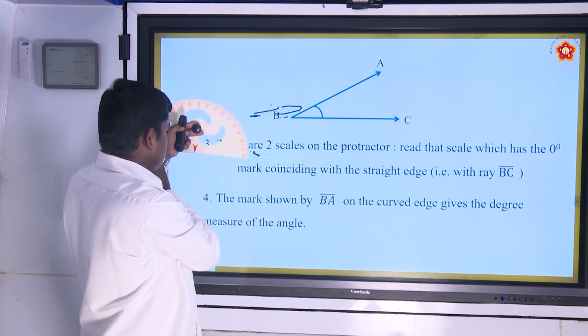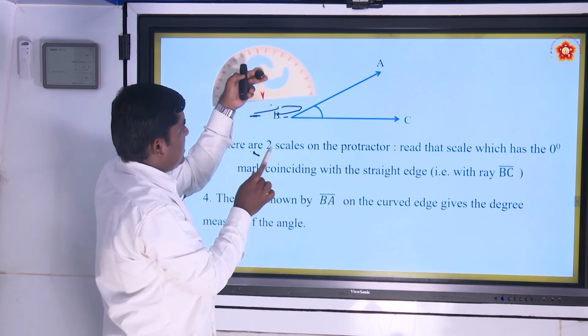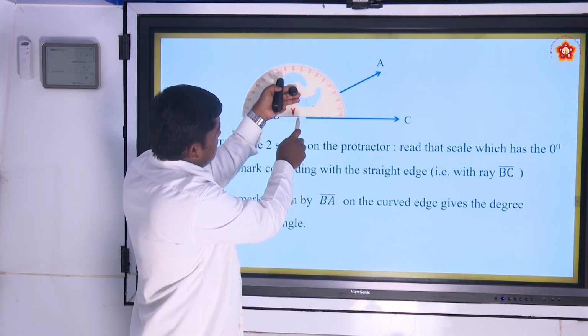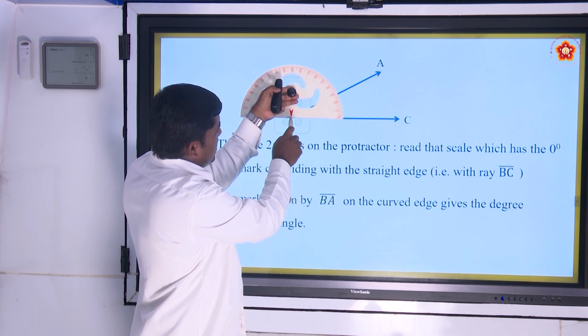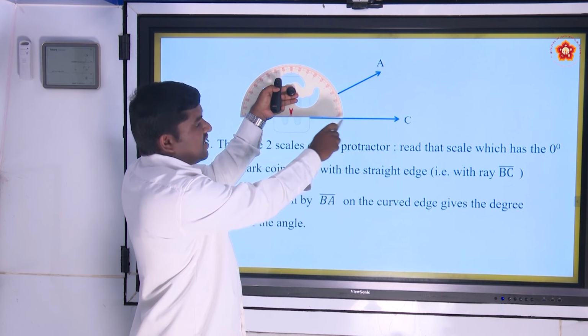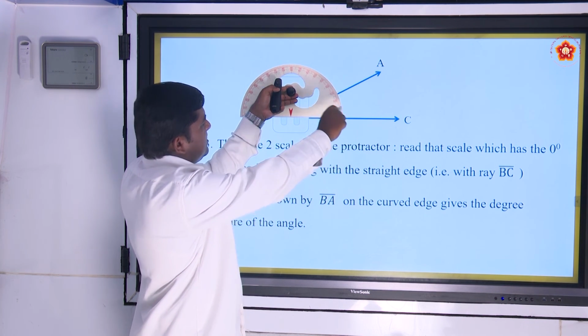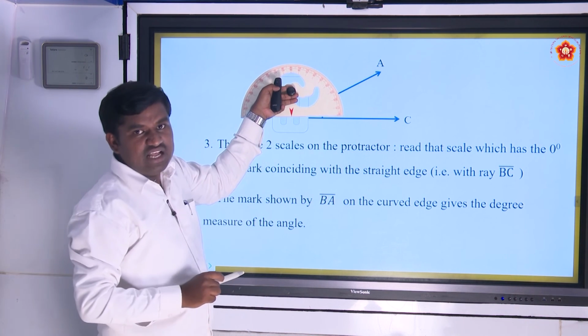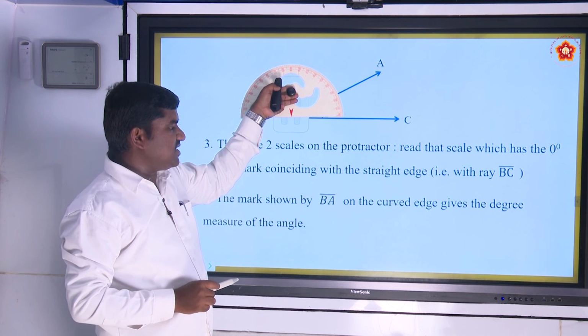Suppose this line's midpoint coincides with vertex B, then the straight edge of the protractor lies on the line BC. Then this line BA will give the angle measurement.